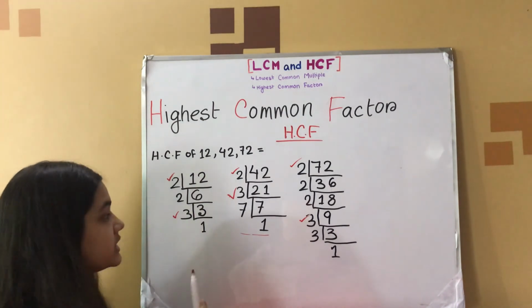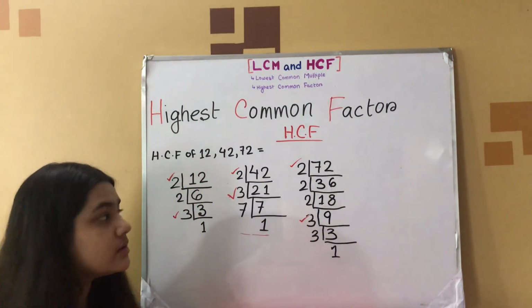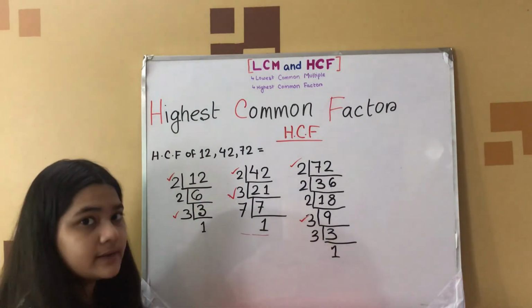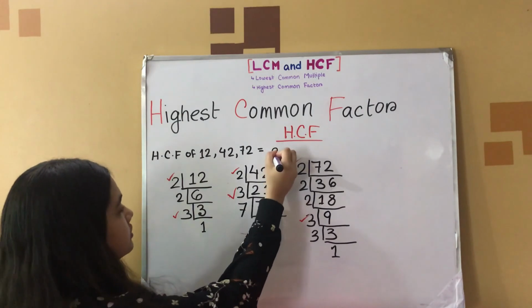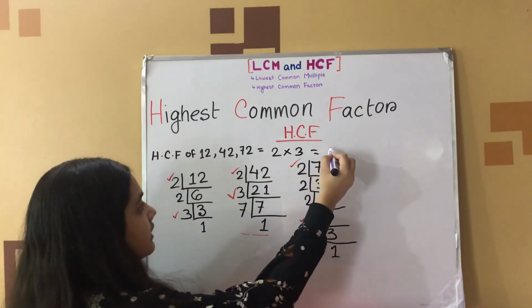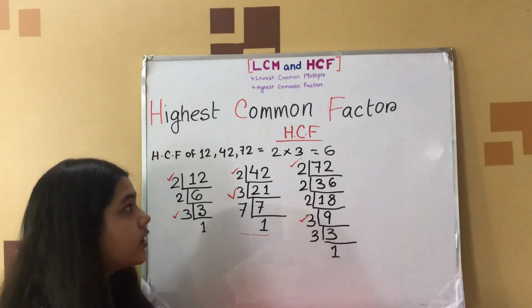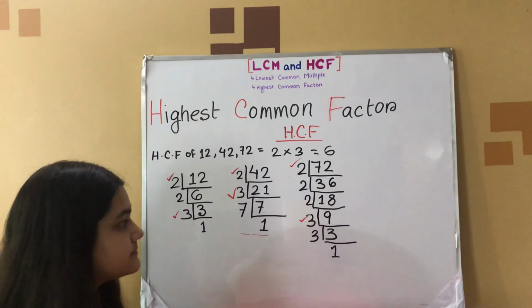The prime numbers which are available in 12, 42 and 72 are 2 and 3. We are going to multiply 2 and 3 in order to get the HCF. The HCF of 12, 42 and 72 is 6.